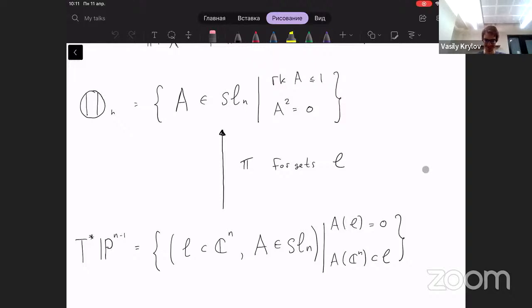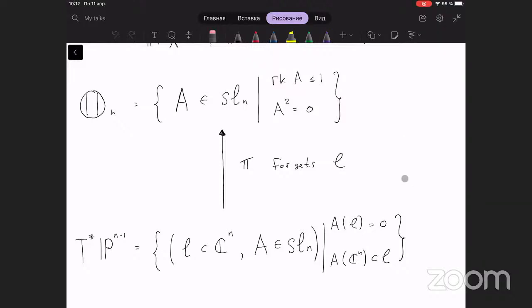And this A is from SLN or from O_n? It is automatically from O_n. Note that this condition implies that A squared is equal to 0 and rank A is at most 1. Very good, thank you. In the definition, you also had a symplectic form on one side and a Poisson structure on the other side. Yes, great.